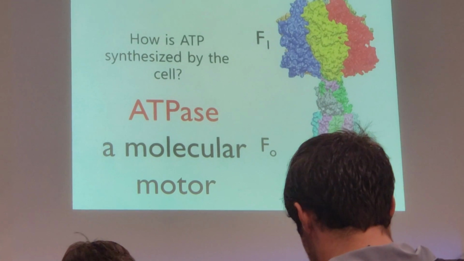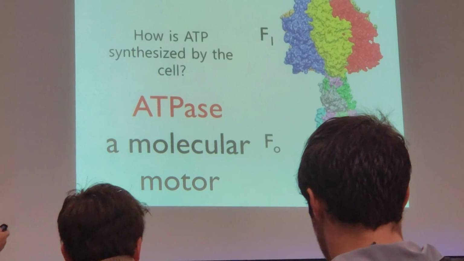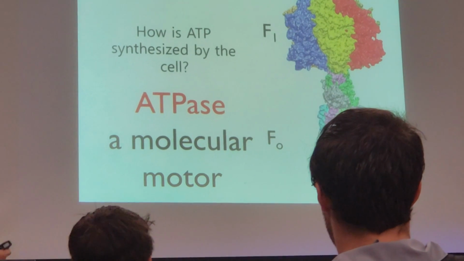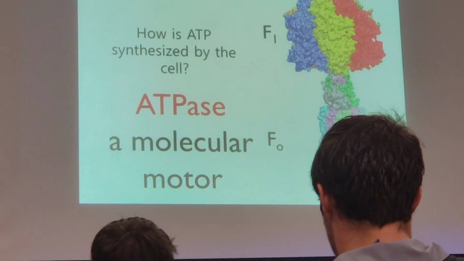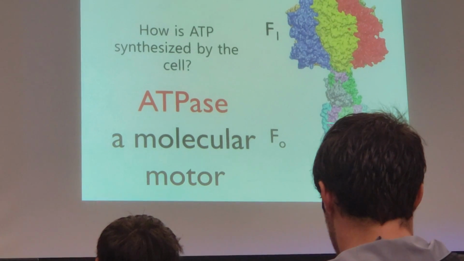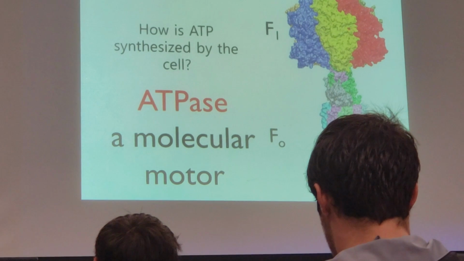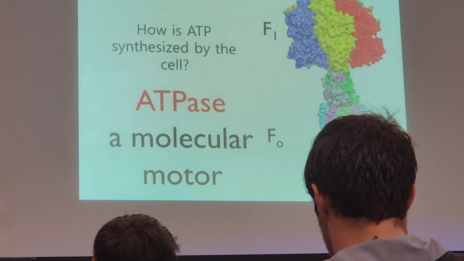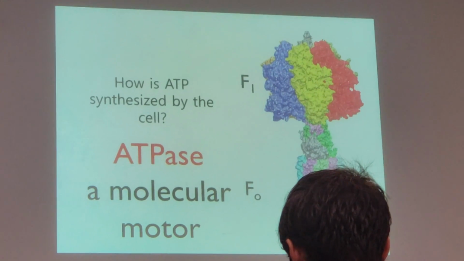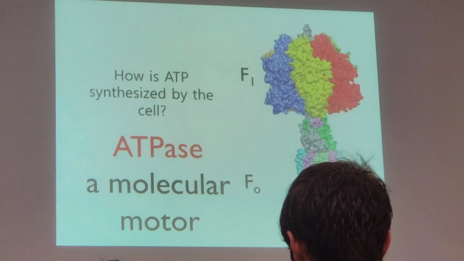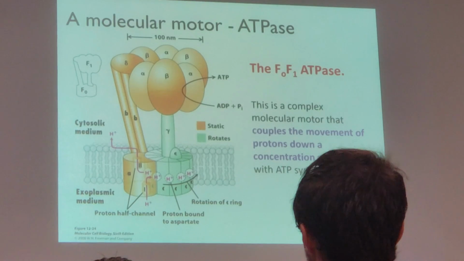A lot of you, probably all of you, are acquainted with this big protein machinery called ATPase. It is built out of two main units, an FO and an F1 unit, and I just wanted to reintroduce it and some of the considerations. It's a molecular motor that is fundamental.